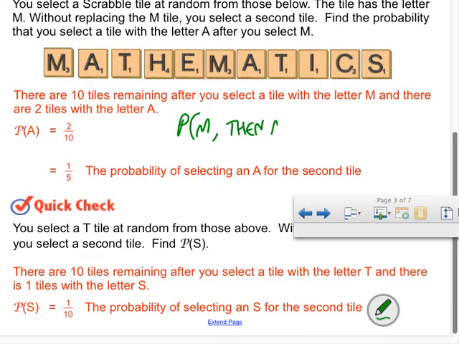Then A after M. What's that going to be?